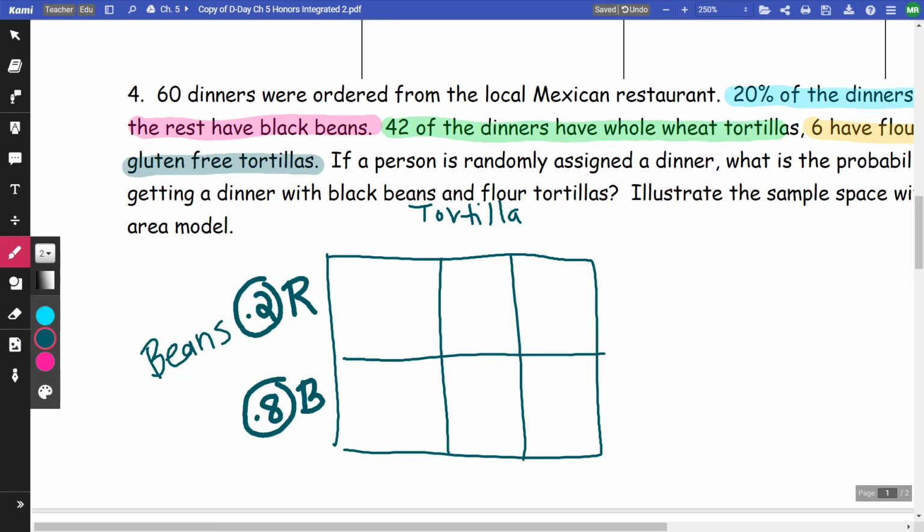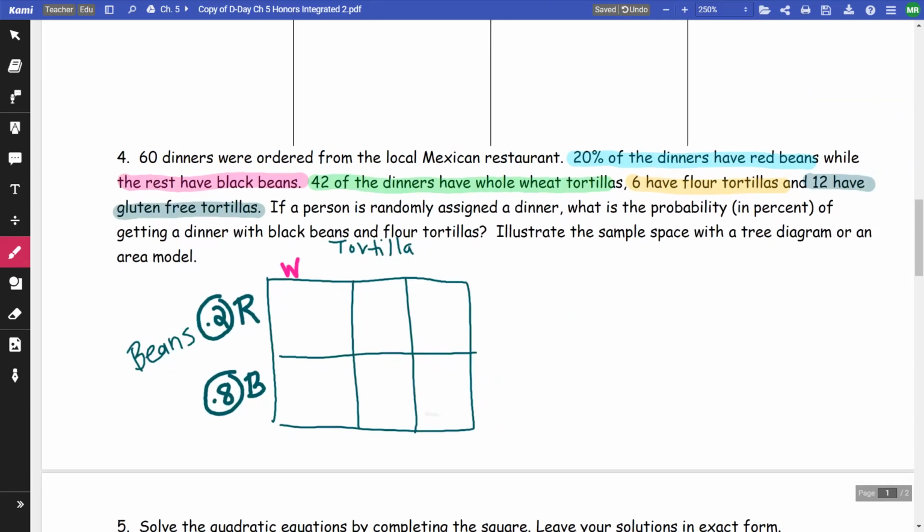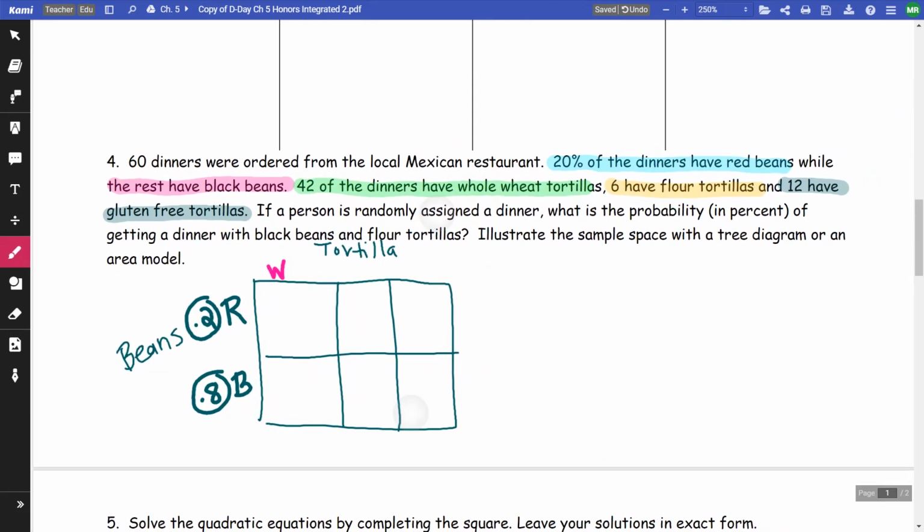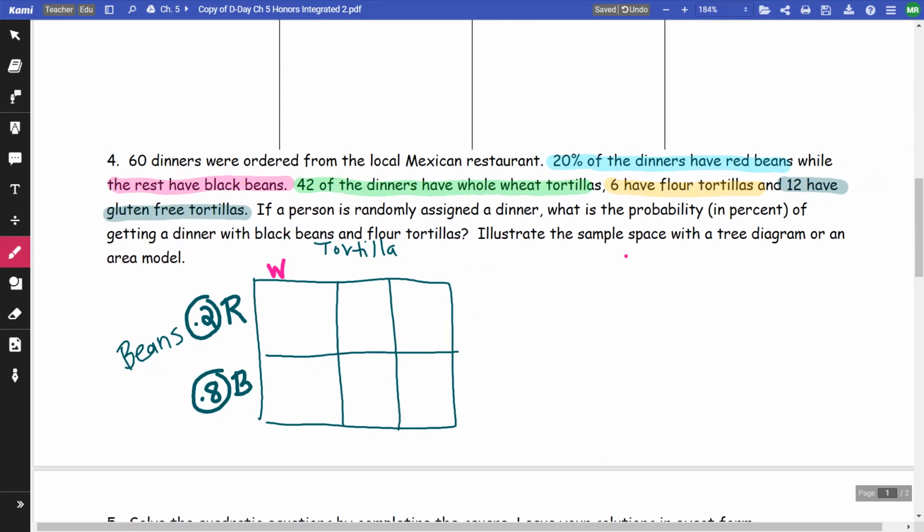Okay, for the tortillas, we're going to have whole wheat, so I'm going to put W for whole wheat. And 42 of the dinners have whole wheat, 6 of them have flour, 12 of them gluten-free. So if I take 42 plus 6 plus 12, I get 48 plus 12 or 60 dinners.